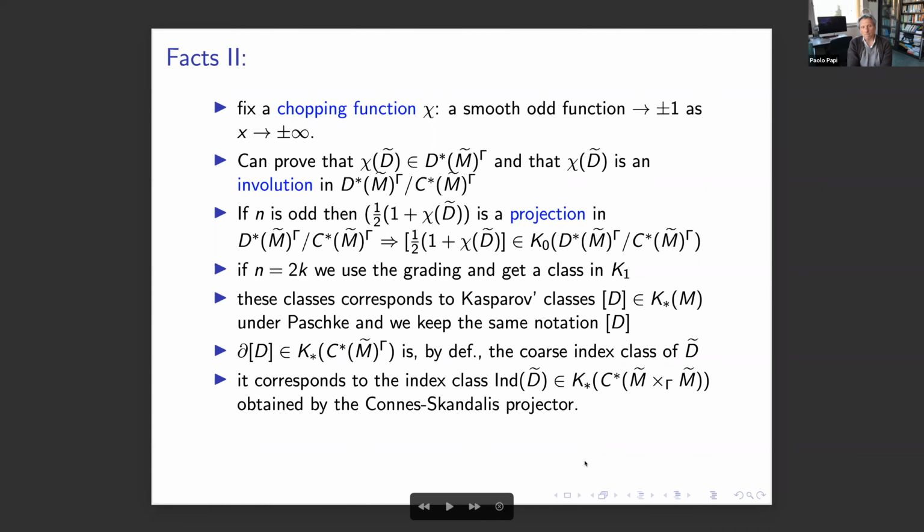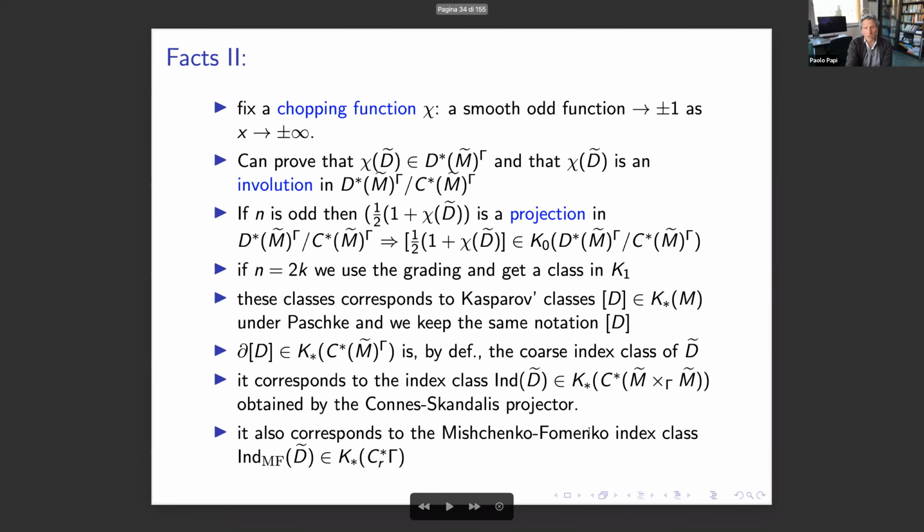And now in the long exact sequence, if you take the connecting homomorphism and you apply it to this class, you get what is called the coarse index class. Now, it is an interesting exercise to show that the coarse index class is in fact the usual one given by the Connes-Skandalis projector, or if you like Mishchenko-Fomenko better, this is also the Mishchenko-Fomenko class, which is given in terms of finitely generated projective modules over the group C star algebra.